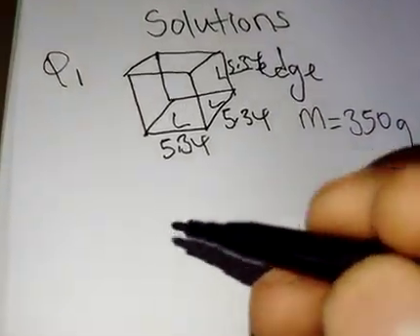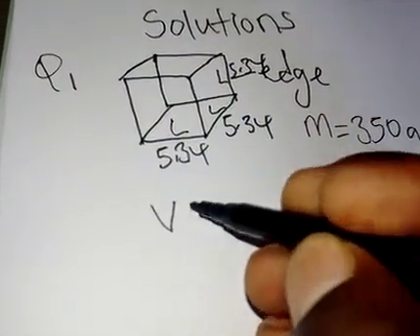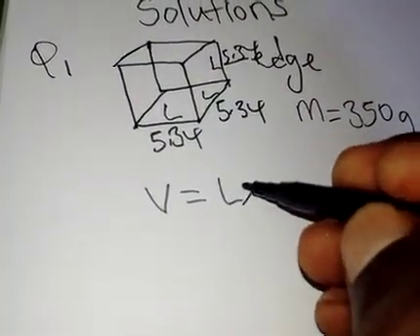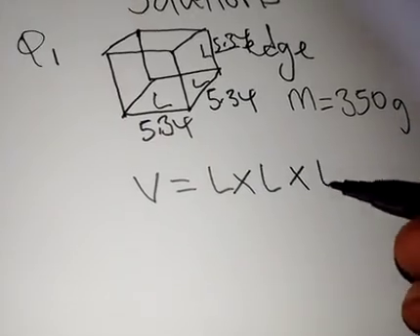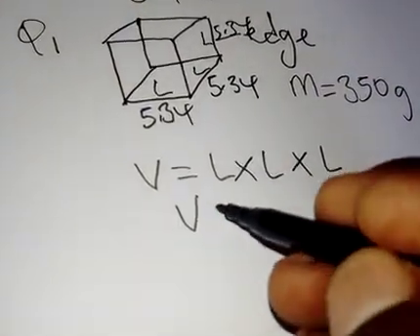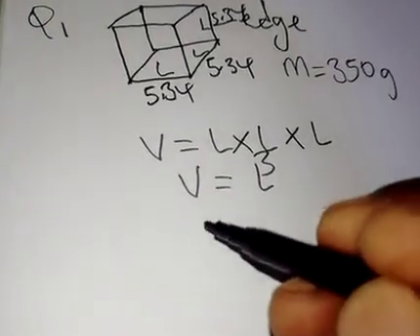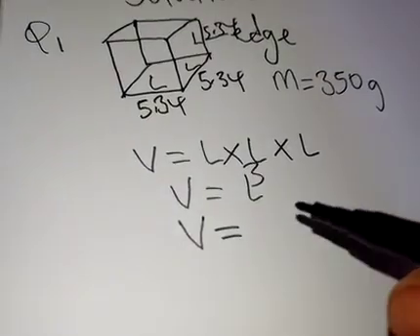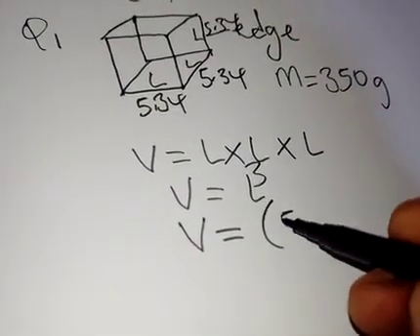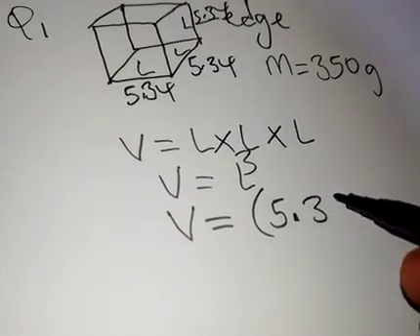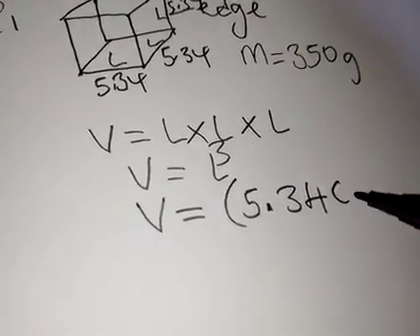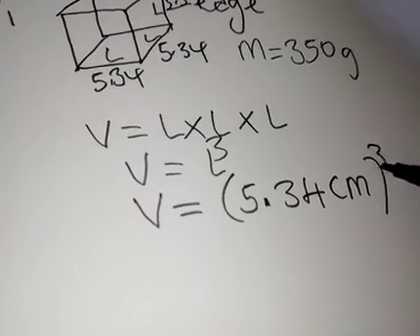So we know that volume for a cube will be equal to L multiplied by L multiplied by L, which is simply V equals L raised to exponent 3. So volume will be equal to, what's the length? It's 5.34 centimeters, raised to exponent 3.